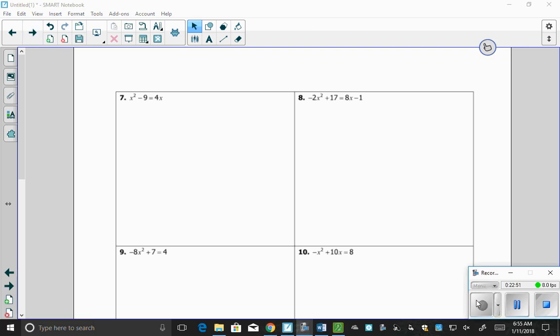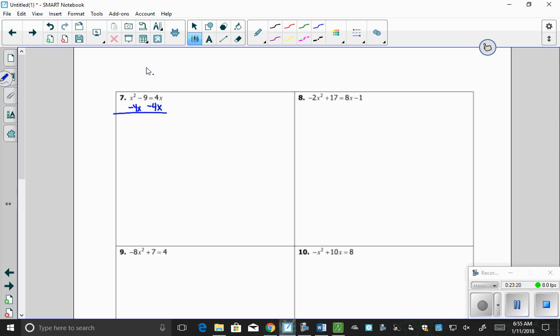On problem number 7, you have to remember that all of your numbers have to be on the same side before you can label A, B, and C. So on this problem, the first step I need to do is move the 4x over. To move 4x over, all you're going to do is subtract 4x from both sides.